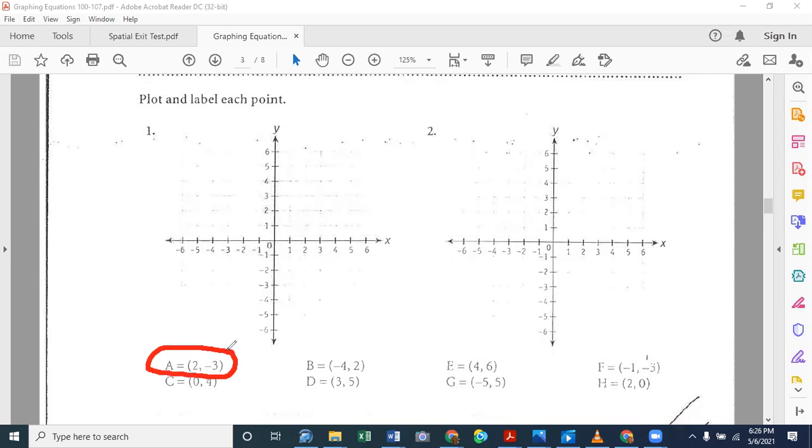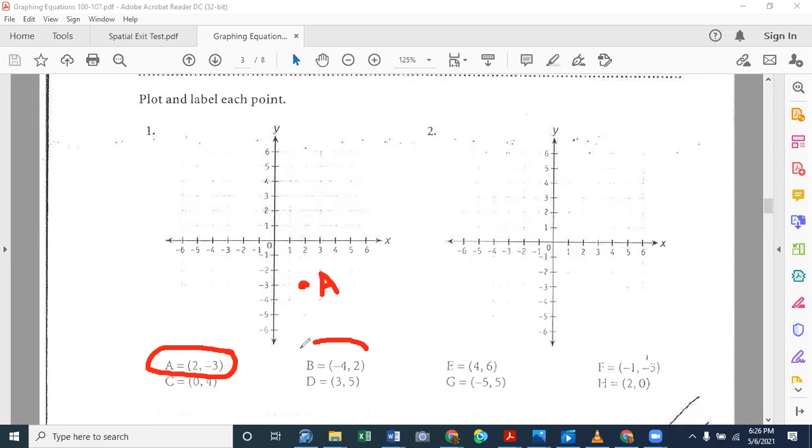What quadrant is that going to be plotted in? 2, -3. Did you say quadrant 4? Then you are correct. So find the 2 and then go down, because it's -3, go down 3. 1, 2, 3. And where the 2 points meet, that is where you would plot it. So that's going to be point A.